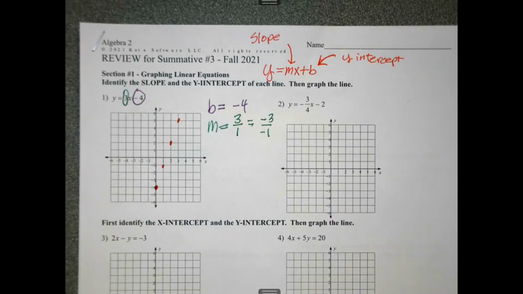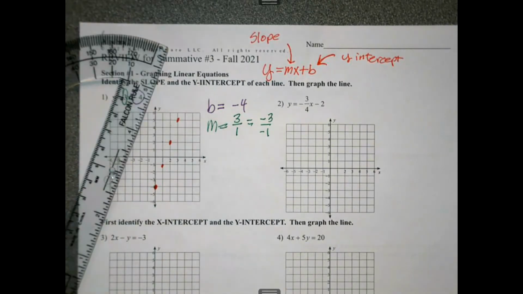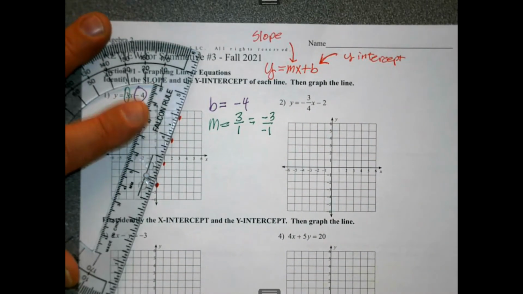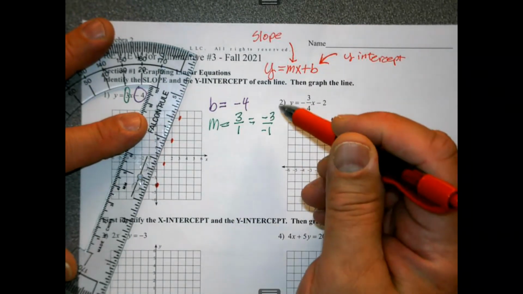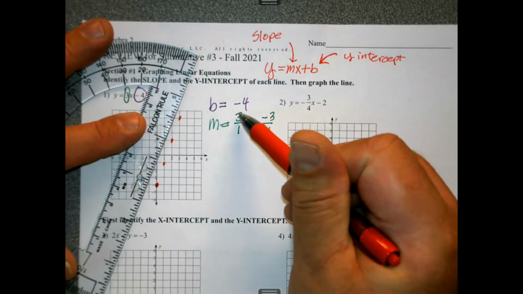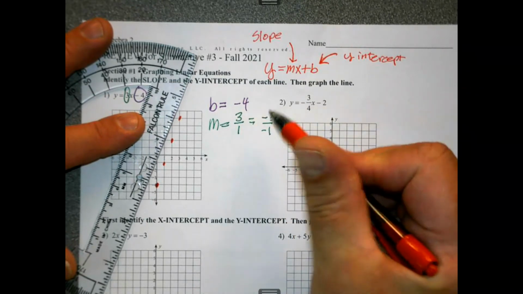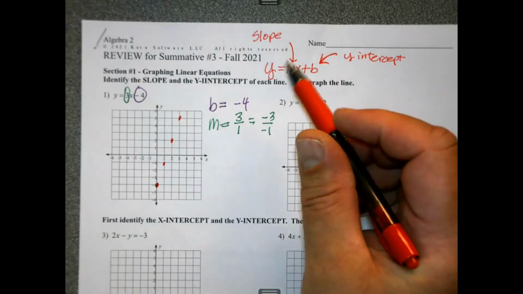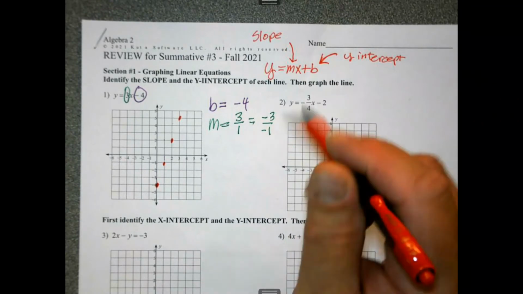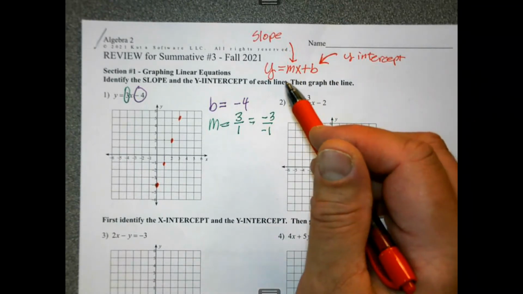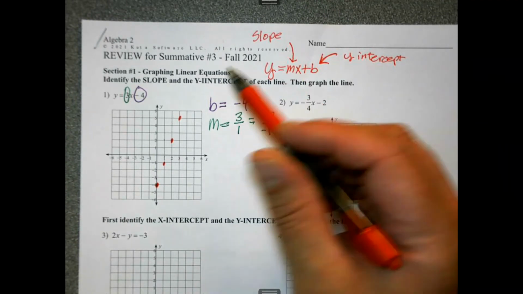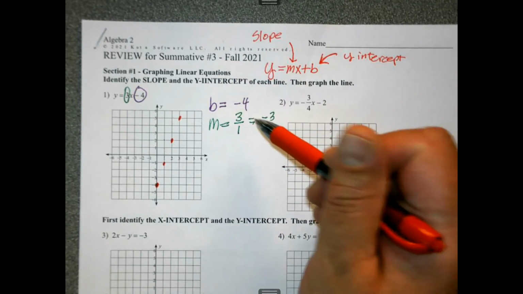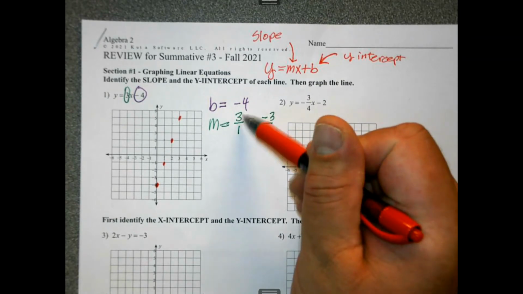Yes, Anna. So m equals 3 over 1 equals -3 over -1. How did you get the two negatives? Because it's opposite. Well, this is just division, right?